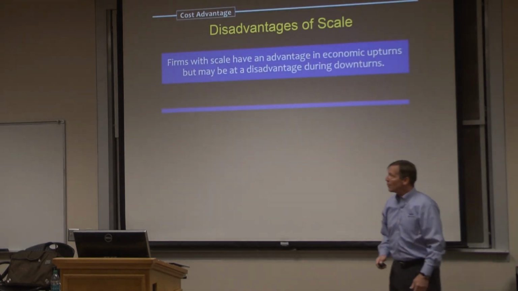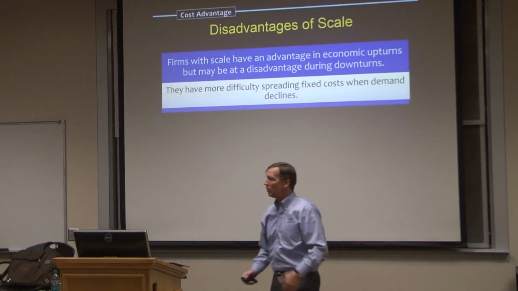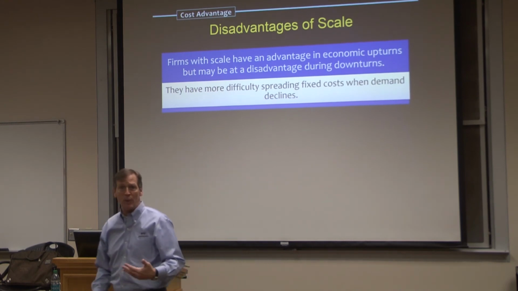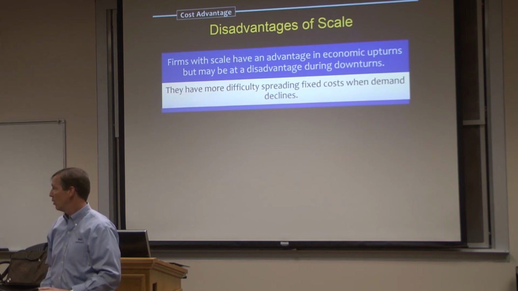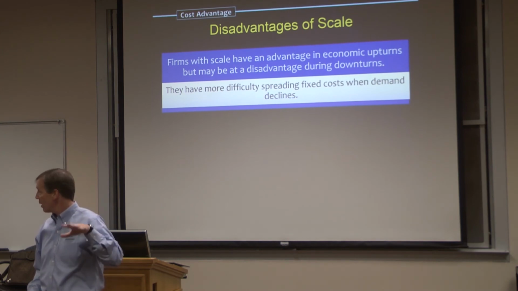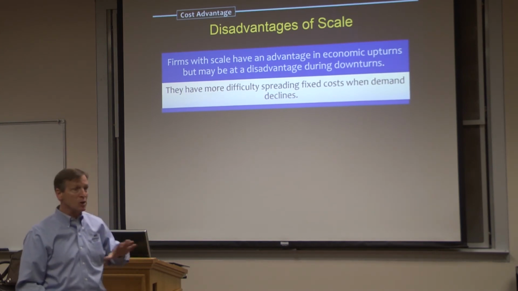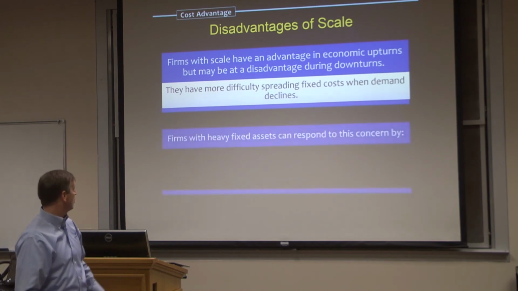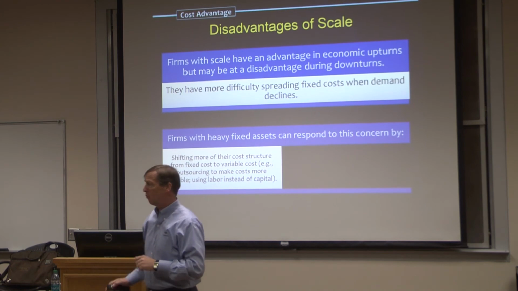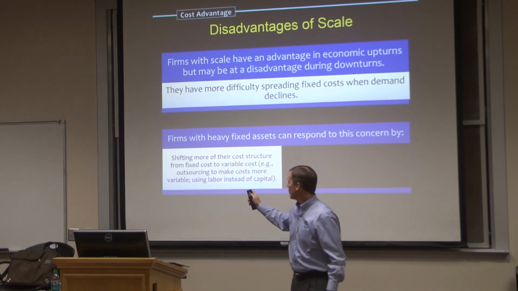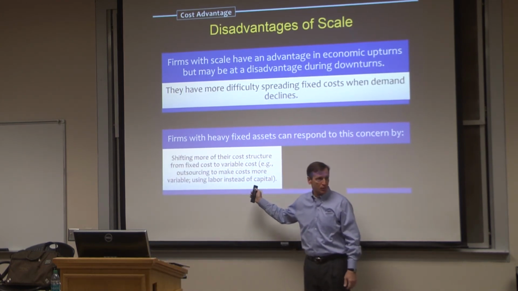So we talked about this a little bit yesterday, when we talked about Southwest, so I don't want to spend much time on it. Just remember there are disadvantages of scale when you get a downturn. Now you've got a lot of fixed assets that you can't spread across as many customers. So firms with heavy fixed assets can respond to this by, one, trying to shift more of your cost structure from a fixed cost to a variable cost.